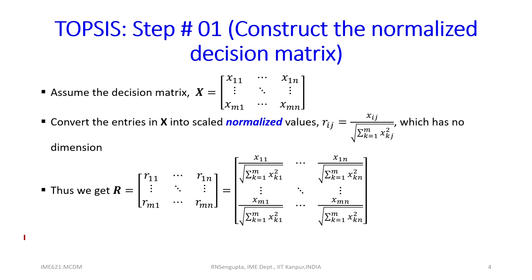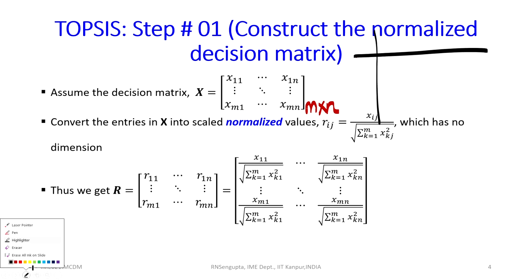If you see this matrix, it is of size m cross n. Technically, the matrix which I am talking about, I will use the black color, and these are the alternatives. So, there is alternative 1.